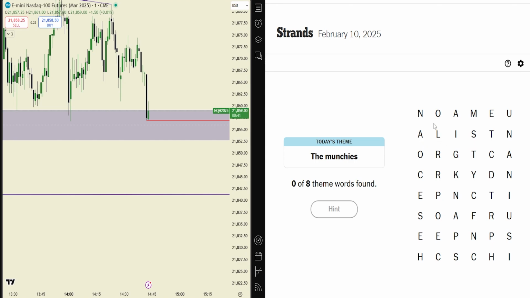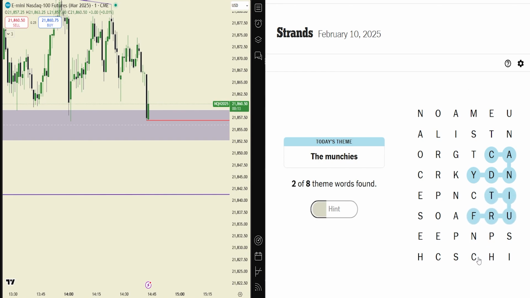All right, here's Strands. Candy. We got fruit. Yup.